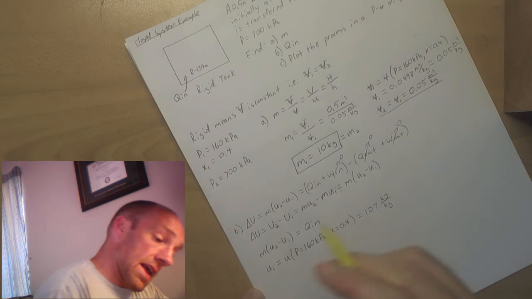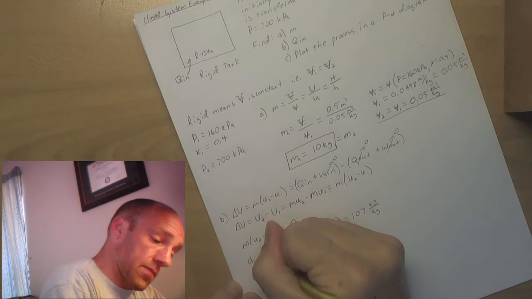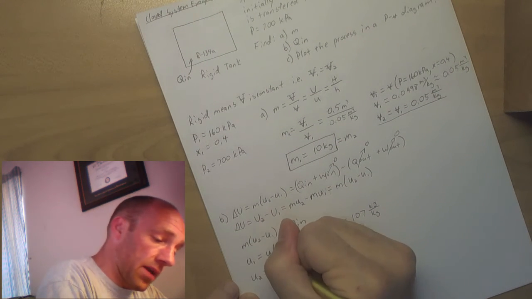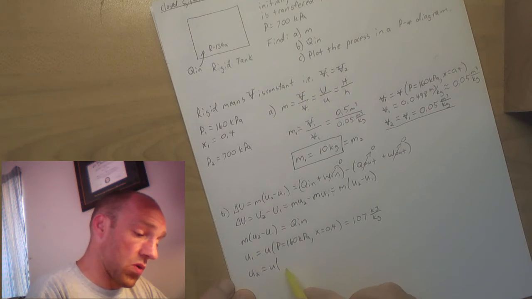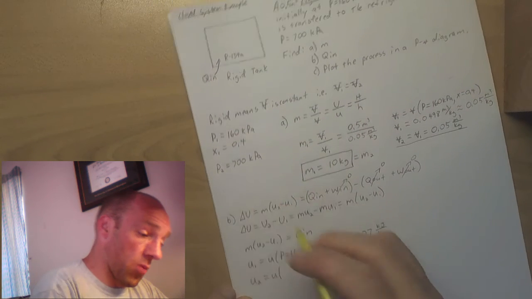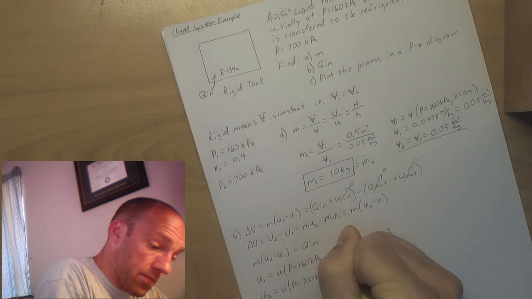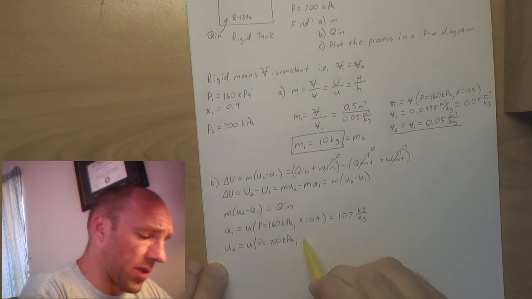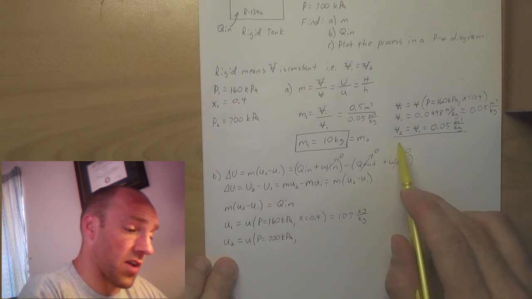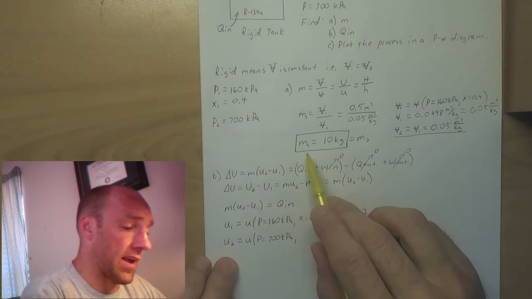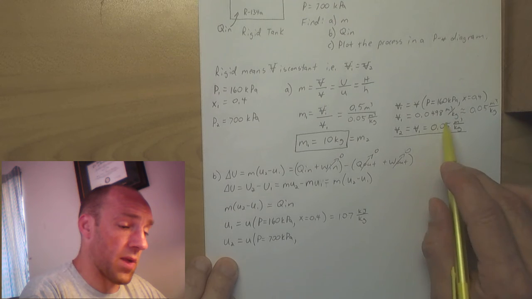All right. Now, U2, I have to read into the problem a little bit, and I've sort of preempted this, but what do I know about state 2? I know the pressure. I'm given the pressure. And I have to do a little bit of thinking to find out what other property I have available to me. But because I noticed we have a rigid tank and the mass remains the same, the specific volume remains the same.